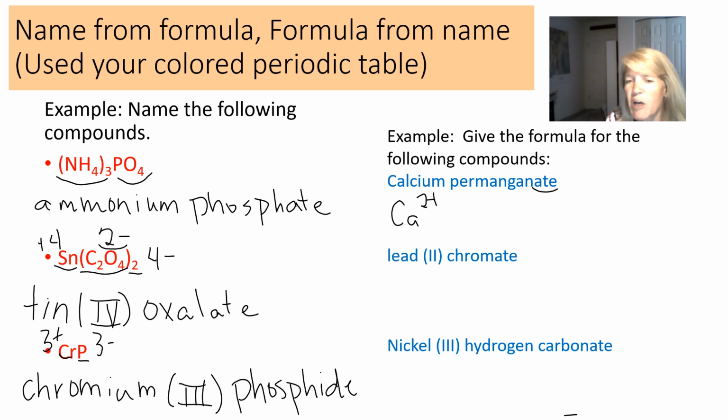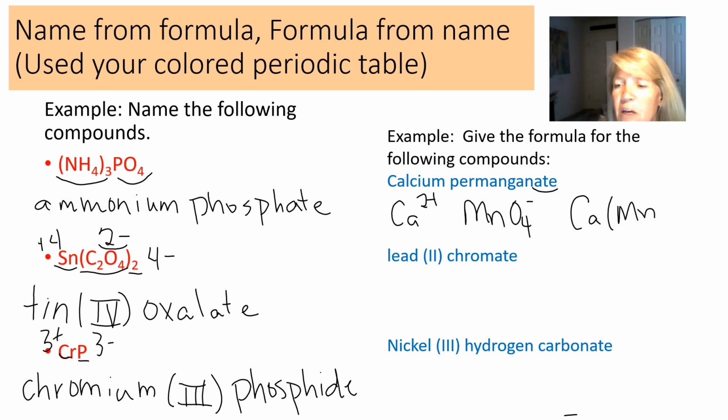Look at your list of polyatomic ions. You find that it's MnO4, and the charge is minus. Okay, they don't have the same charge, so use your cross rule, and it's going to be Ca parentheses MnO4 parentheses 2, cross the charge, and there's your formula.